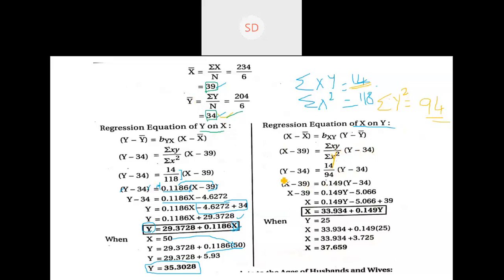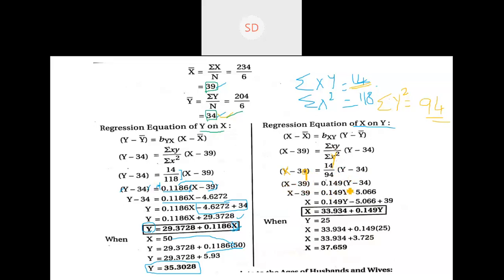There is a little confusion here and a printing mistake. Please, I will correct that when I send the notes. So x minus 39 is equal to 14 by 94 into y minus 34. Next again, x minus 39 is equal to 14 by 94, which is 0.149.